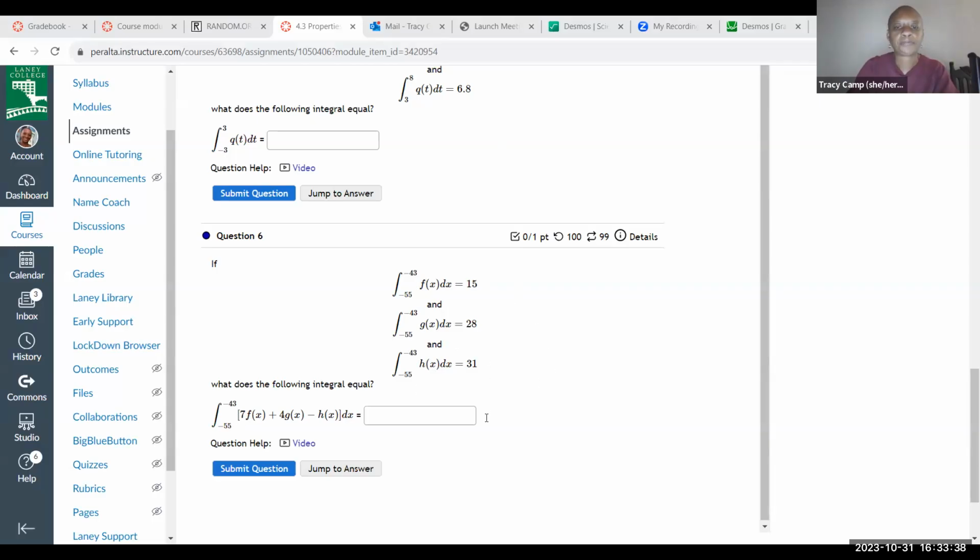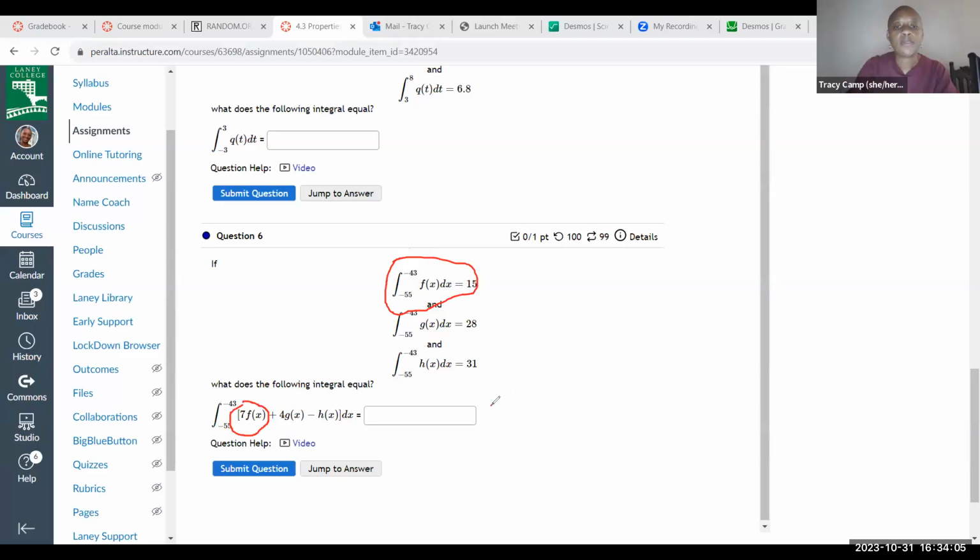So for this, just focusing on this one right here, the definite integral from -55 to -43 of f of x dx is 15.